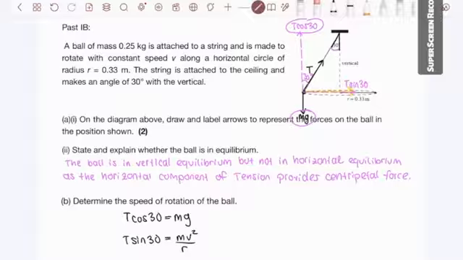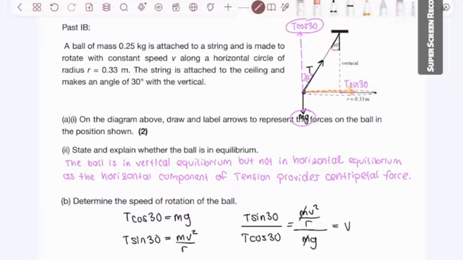Again, I could simply divide these two. And again, I would get v equals square root of g r tangent theta.